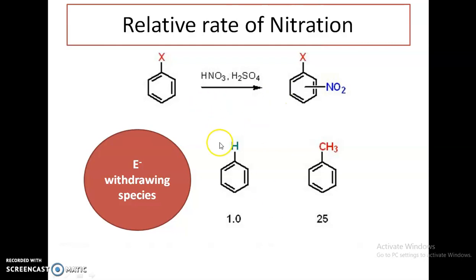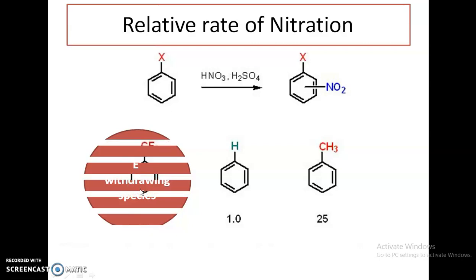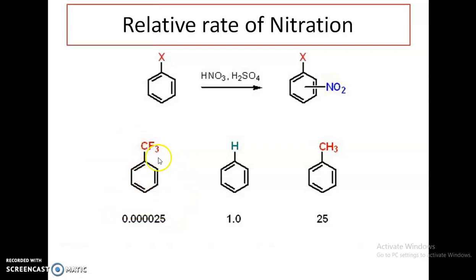Similarly, if X is an electron withdrawing species, and I replace it by CF3, F is an electronegative atom, it pulls electrons towards itself, making C electropositive. Ultimately, C will be vulnerable to pull electrons from the aromatic ring. So you can see here the relative rate of nitration drops to 0.000025.